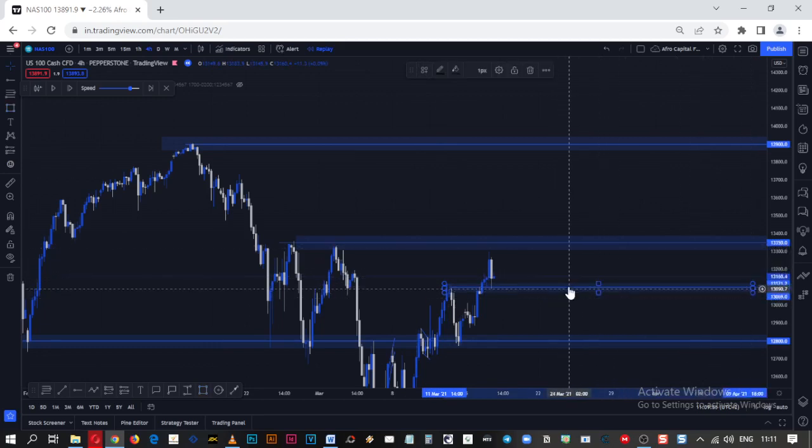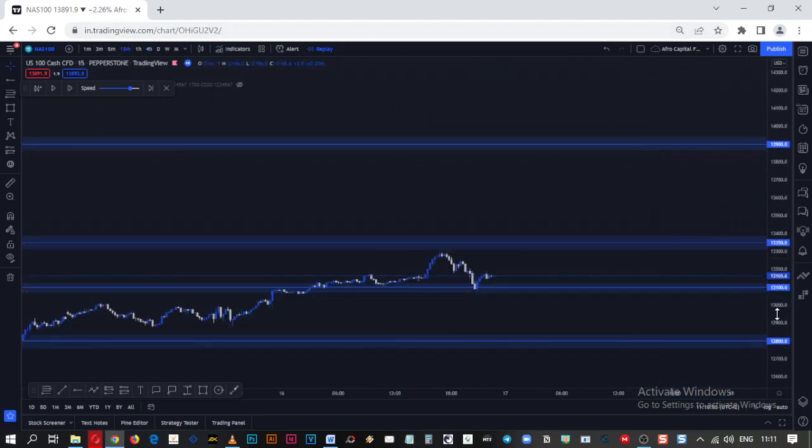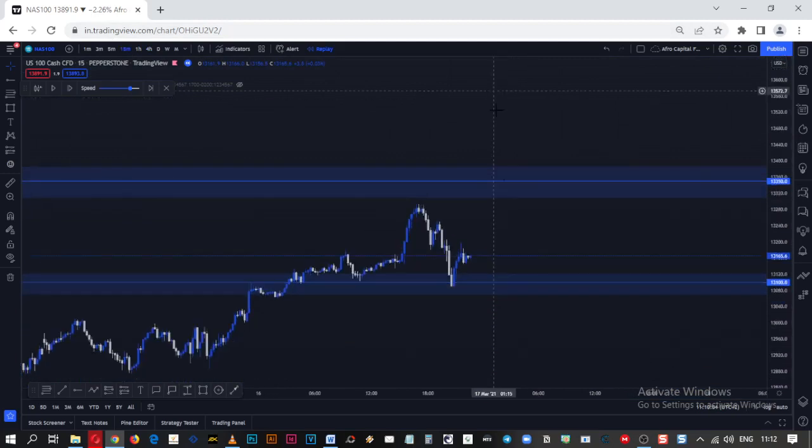Simple. How is price approaching this key level? That is what we're looking for now. 15 minutes. That is a counter trend line. Should that counter trend line be broken and retested, you're entering a buy into this area. Not even retested.